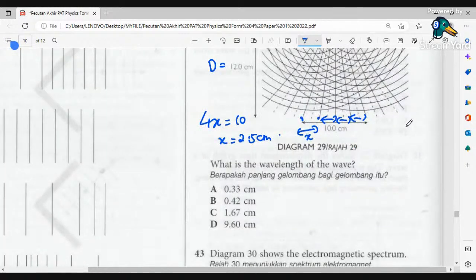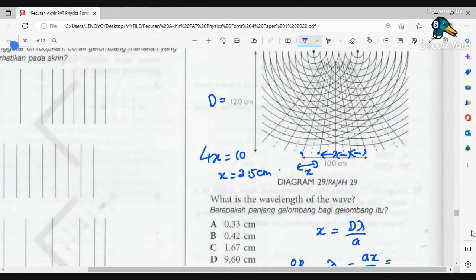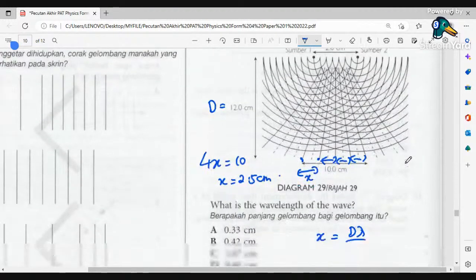Okay, soalan, what is wavelength of wave? Formula, x equals D lambda over a, or lambda equals to ax divided by D. Check unit before you substitute. cm lah, semua cm. Okay, no problem. ax divided by D. 2 times 2.5 divided by 12.